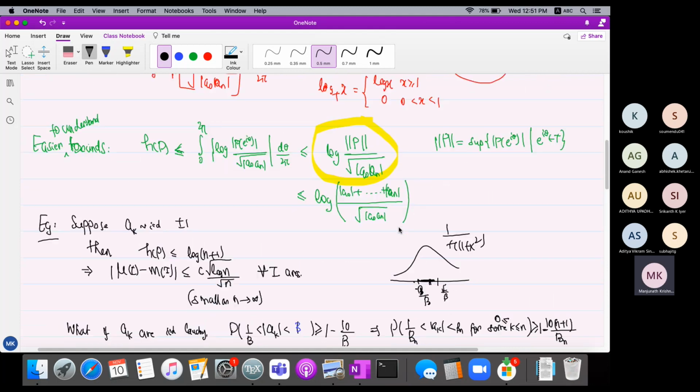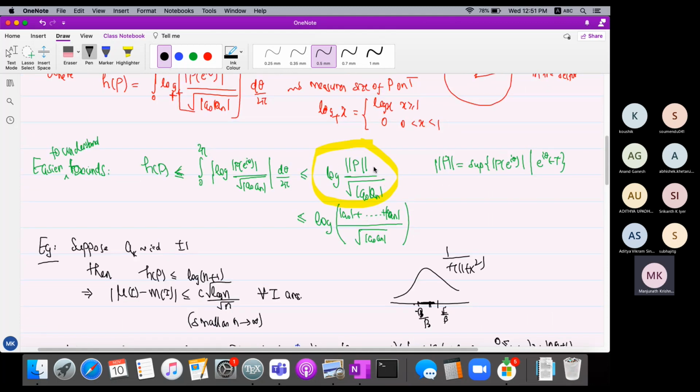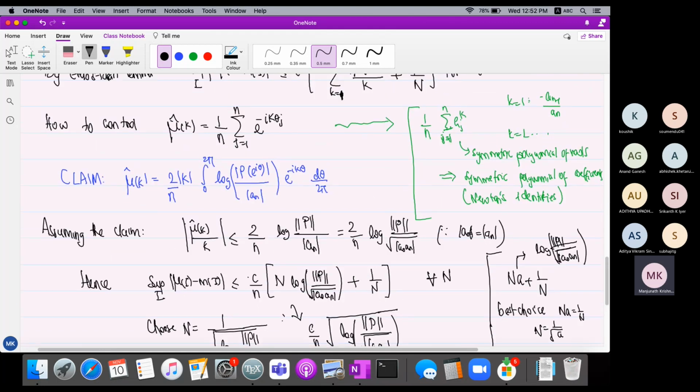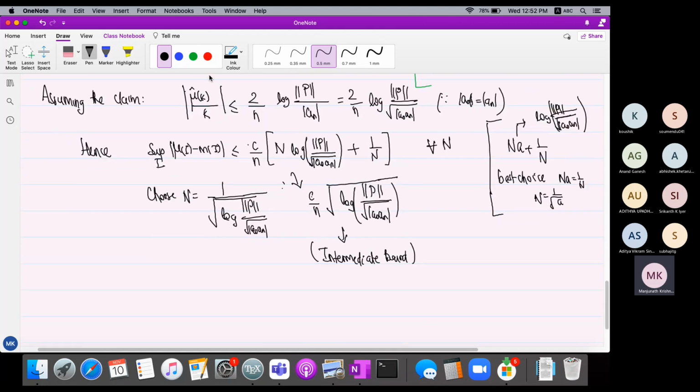I mean, if you take this one, log norm of p divided by square root a_0 a_n. Okay, is that okay? This is the intermediate bound. It's the intermediate bound. Now, if you want to improve it, okay, maybe let me finish rather than doing this. So how do you improve it?